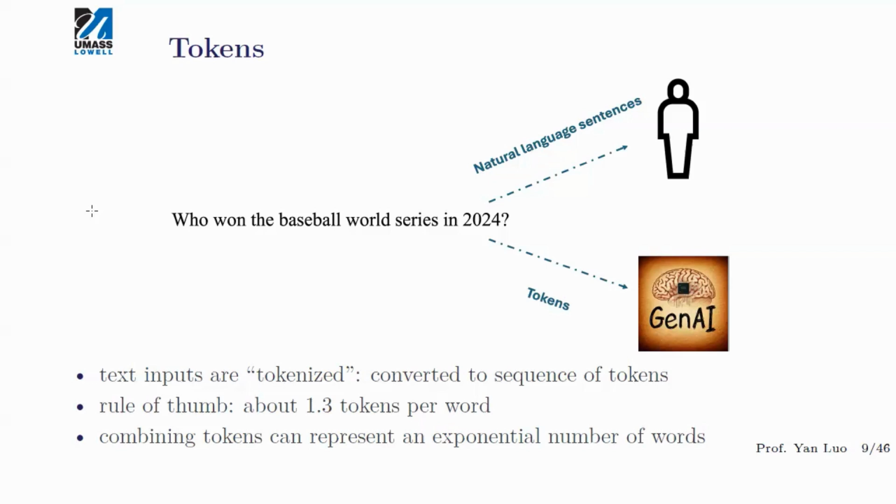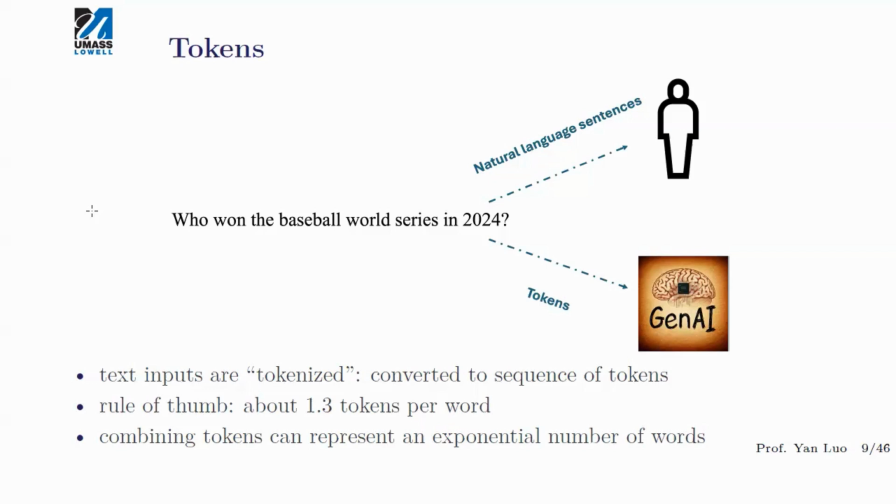But for the generative AI model, for the large language model to understand your input, your prompt, these prompt text sentences actually are broken into what we call tokens. So smaller pieces of units that will be fed into the large language model. Tokens are kind of similar to English words, but not exact English words.